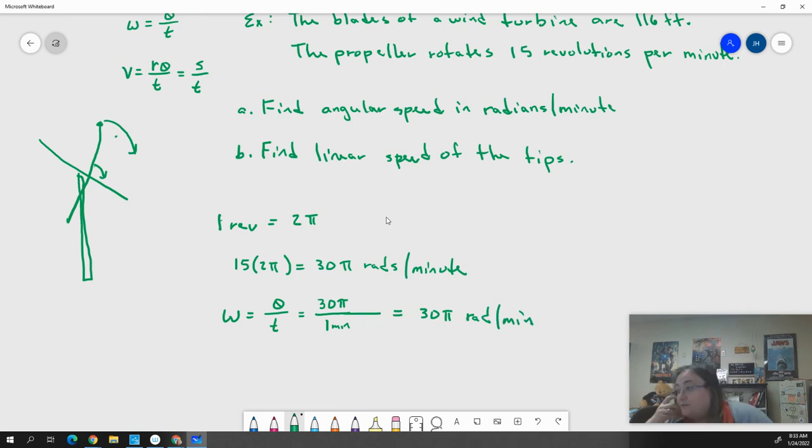That's not super difficult. We know the time on it. That is our angular speed. We found part A.